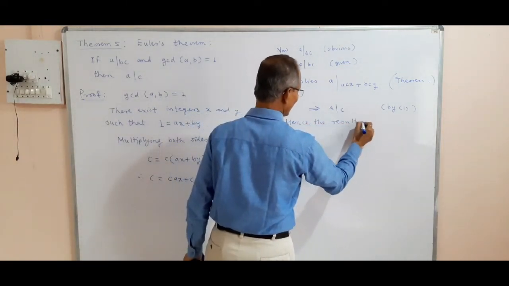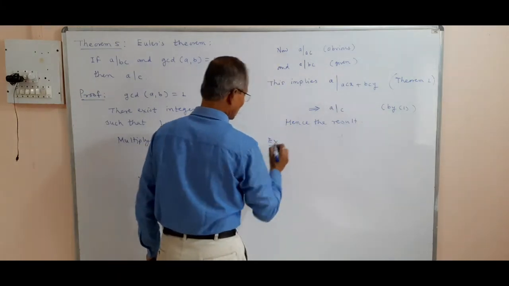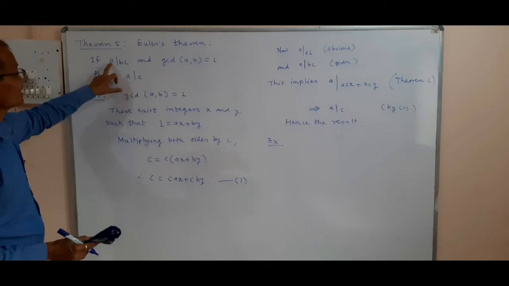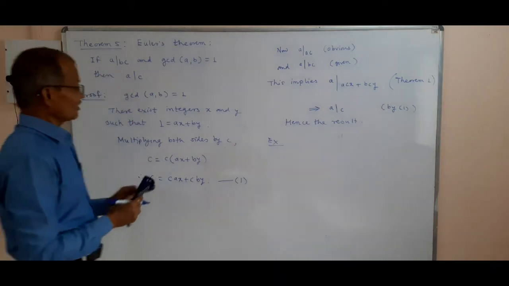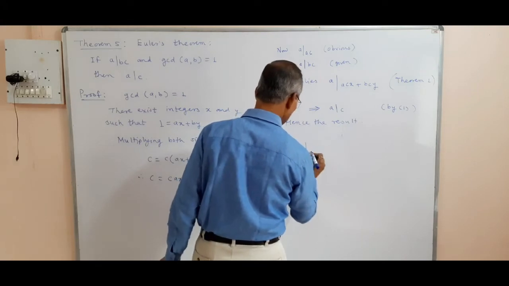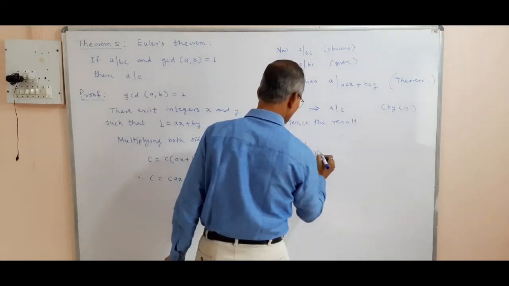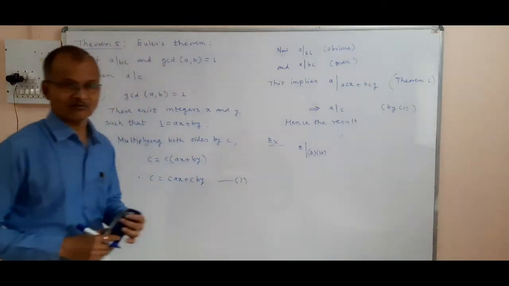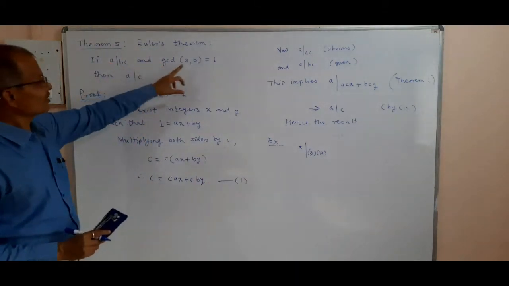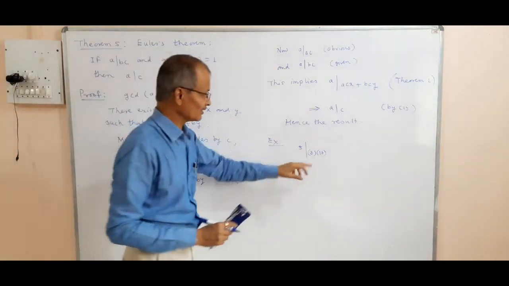Now an example for this. You observe A divides B into C, but A and B are relatively prime. For example, I can consider like this: 5 divides 3 into 10. Obvious. And what is the greatest common divisor of A and B, meaning 5 and 3?